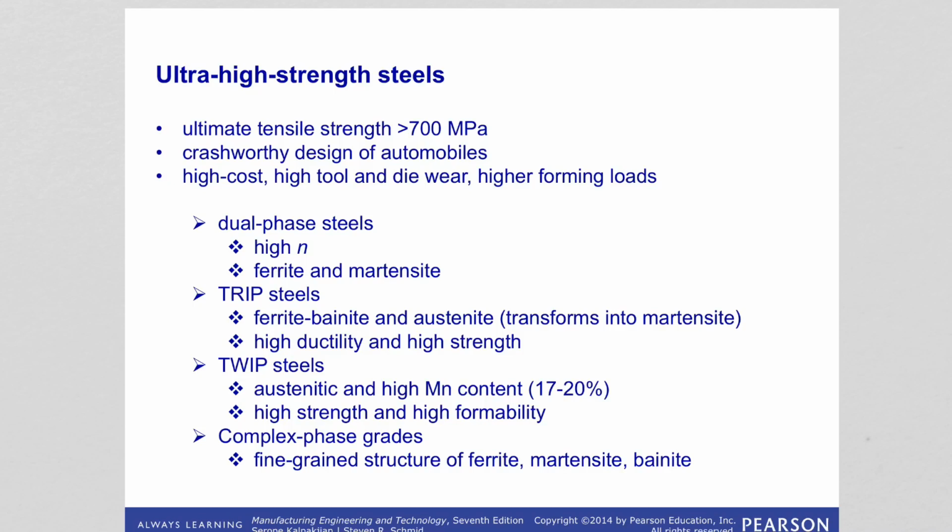Therefore, considering automotive crash, they are being used in bumpers and roof supports. Some of them have high fractions of martensite, and the strengths can go up to 1500 megapascal.